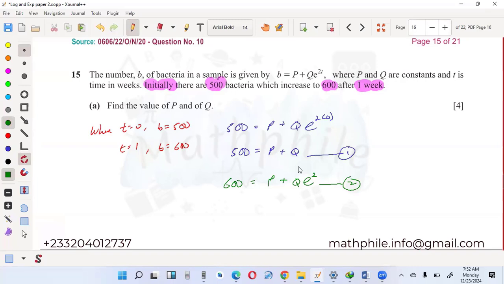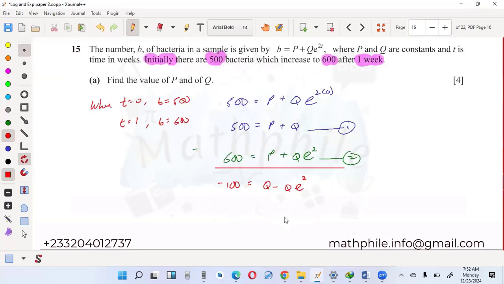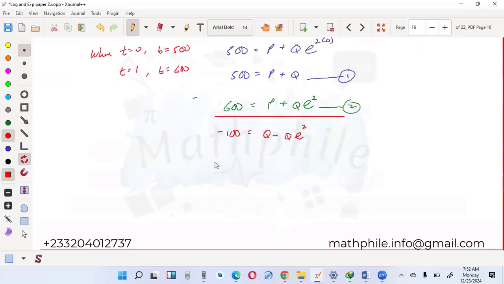So I can subtract the two equations. Equation 1 minus equation 2 so that p is eliminated. You know the elimination method, right? So negative 600, sorry, negative 100 equals q minus q e raised to the power 2. Can I continue? Yes, please.